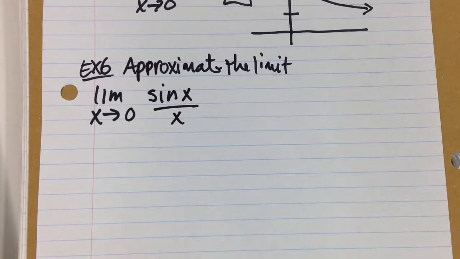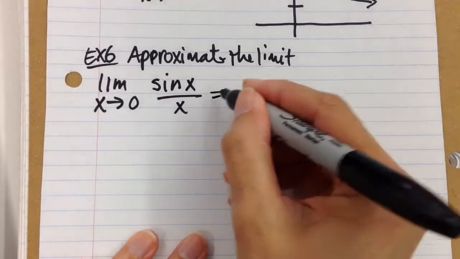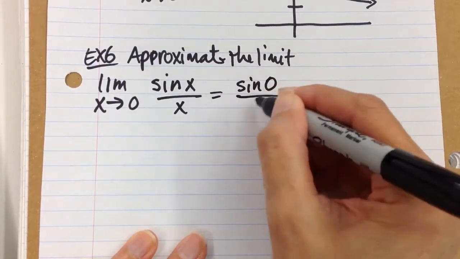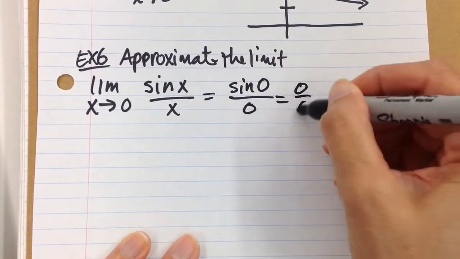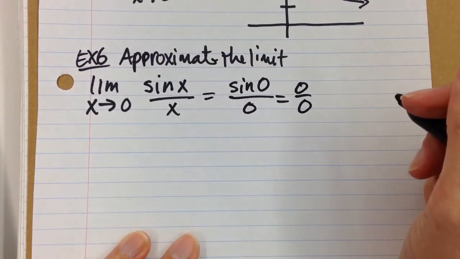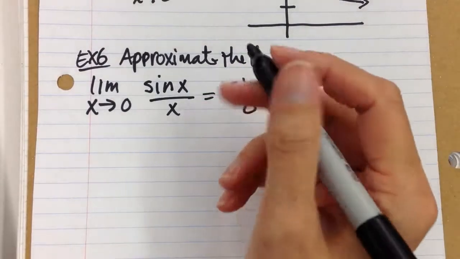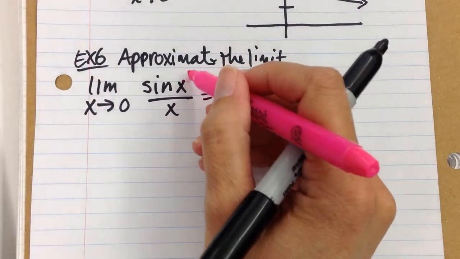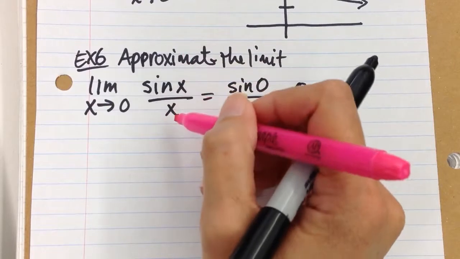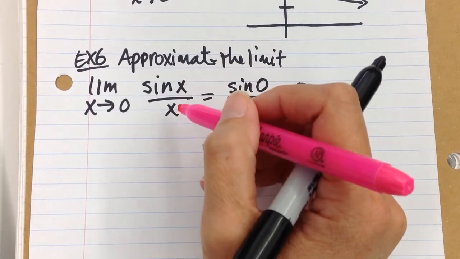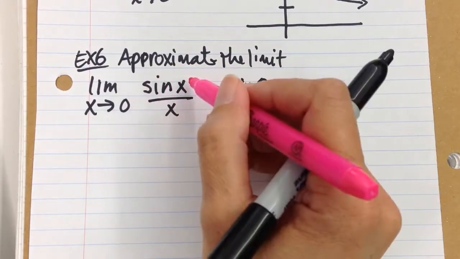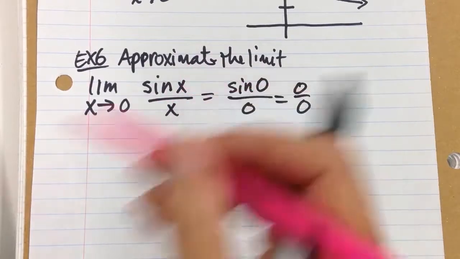Can we do anything to cancel anything? Because when I plug in 0, I'm going to get sine of 0 over 0. That's going to be 0 over 0, so that doesn't work. Can I cancel the x's like this and this? Absolutely not. Those are two different types of x's. You have to take the sine of x divided by x, so you can't do that.